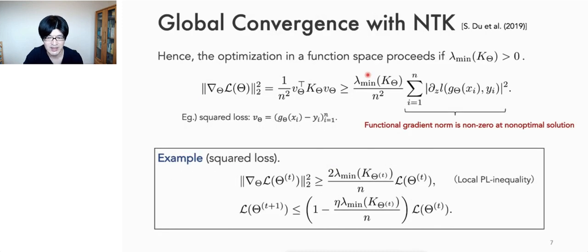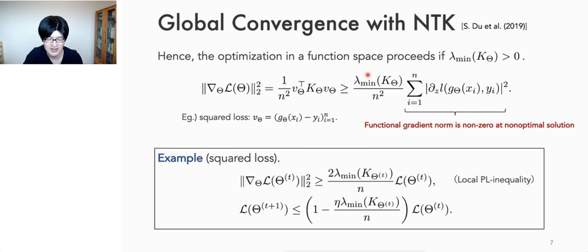If the Gram matrix of NTK is positive, then the norm of the gradient nabla L does not vanish because this lower bound holds. And the lower bound does not vanish at non-optimal functions. For instance, in the case of square loss, the lower bound becomes the product of the minimum eigenvalue of the Gram matrix K theta and the objective value.